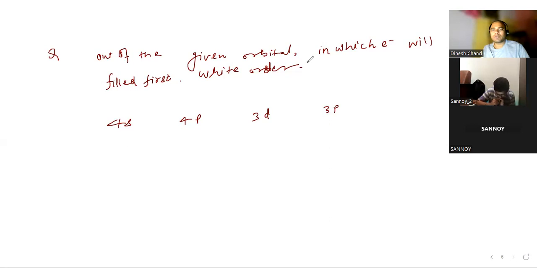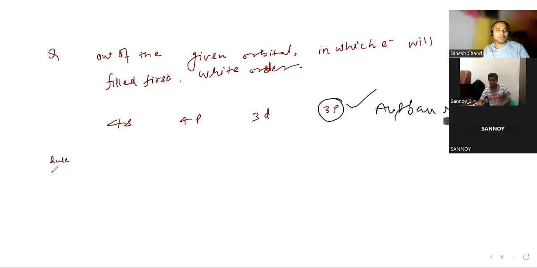And what rule are you going to apply? The name of the rule is also required. Not the Aufbau rule. The n plus l rule. Have you heard about this one?